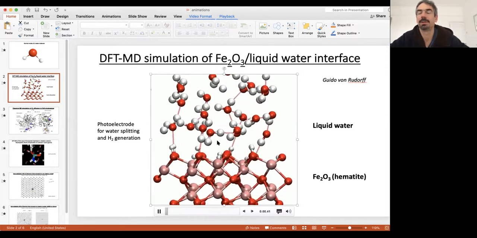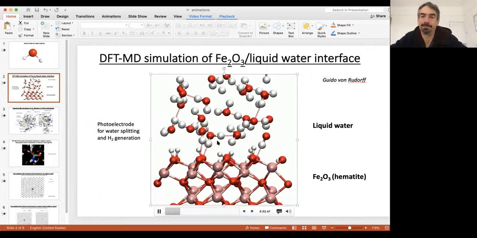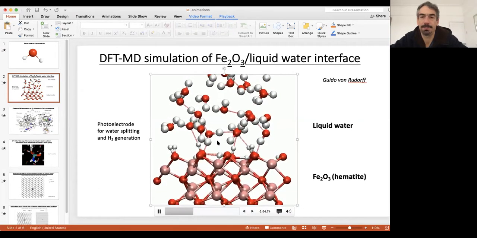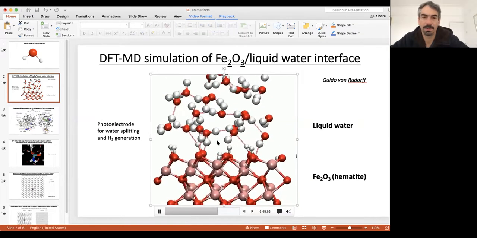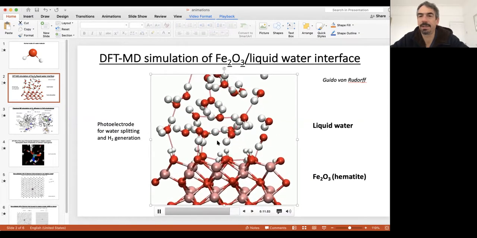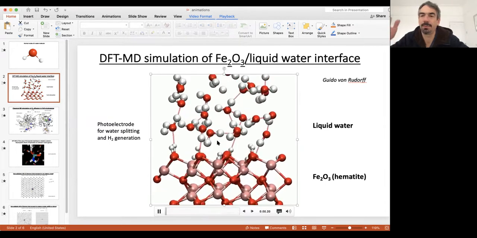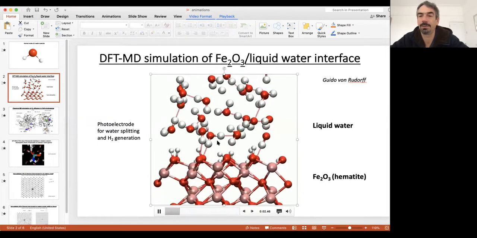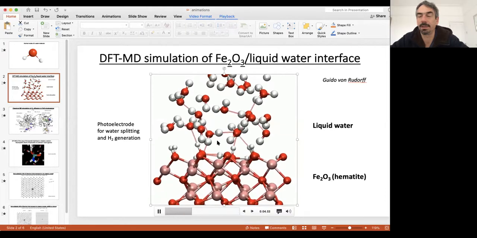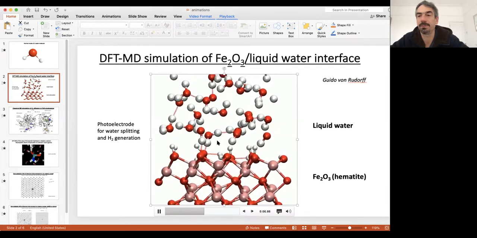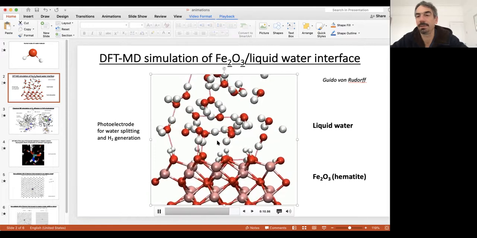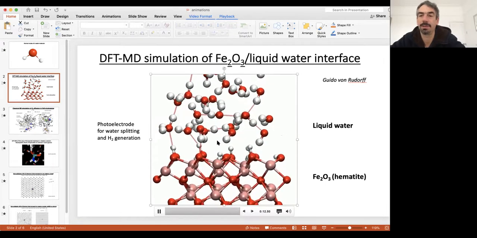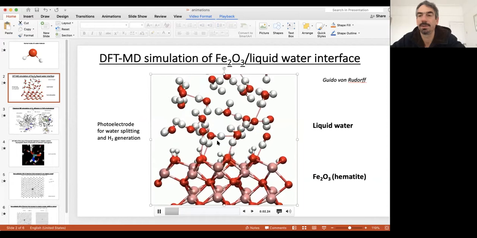A nanosecond would be out of the question, because it would require you to solve 10 million Kohn-Sham equations for 10 million different positions. Each one takes maybe a minute, and then you wait many years or hundreds of years.